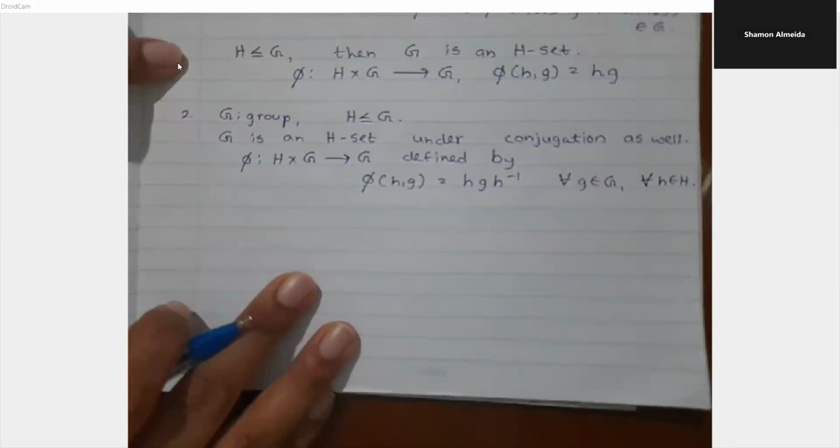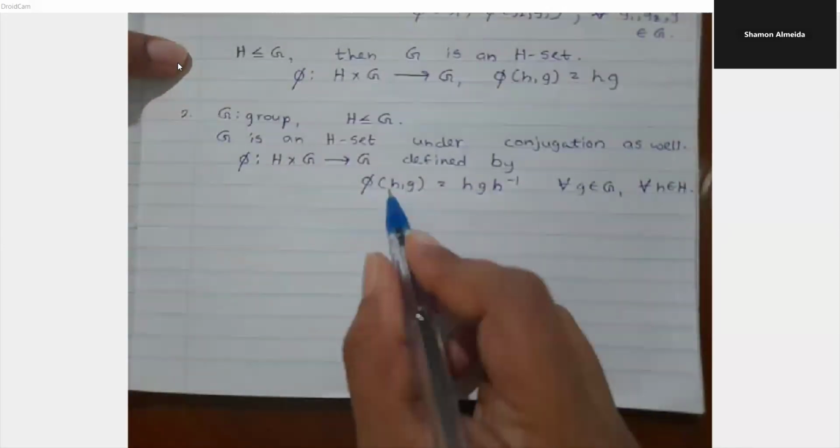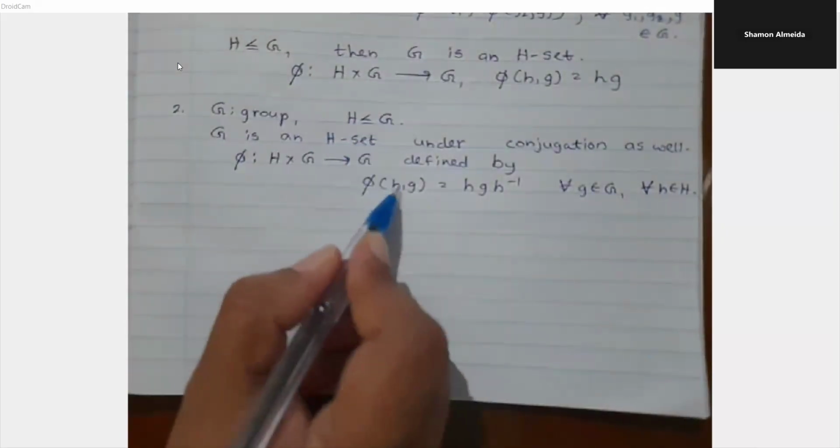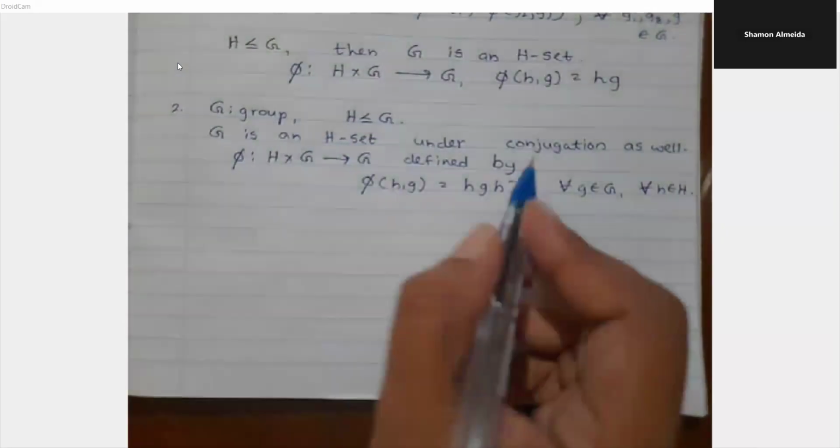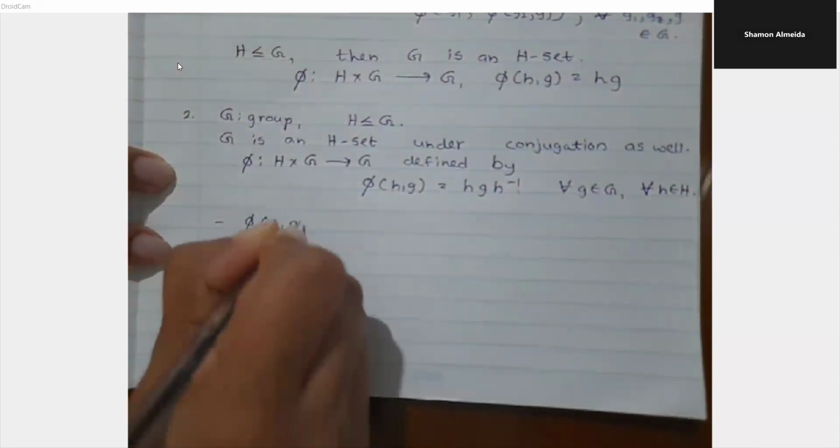Right, so first we have to show that this is a group action. Observe that h is taken from H, because this is a subgroup of G, so h belongs in G as well. So we see that this element is indeed an element in G. Now, to show that the first condition is satisfied, consider phi of (identity, g).